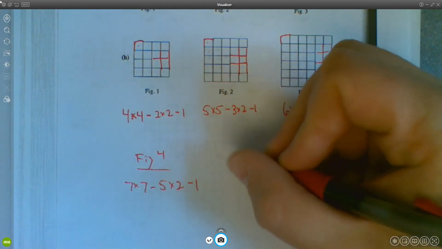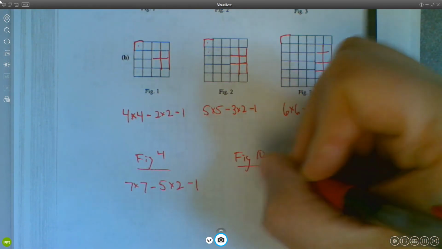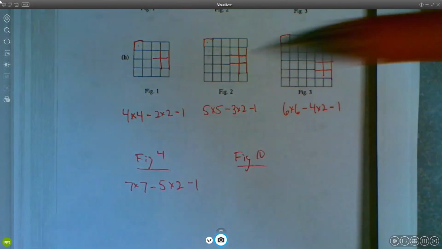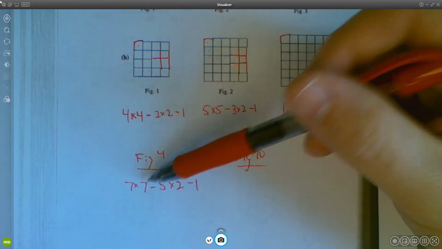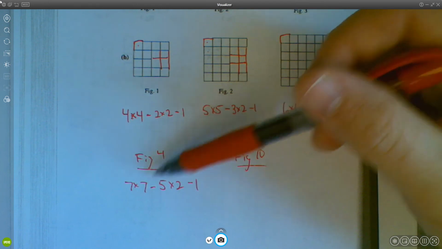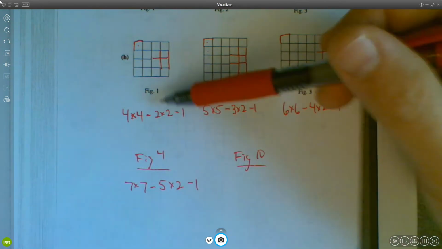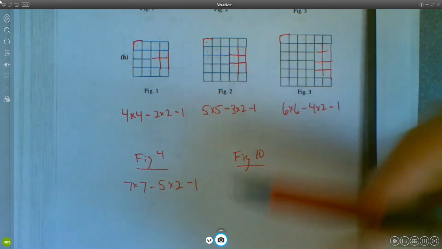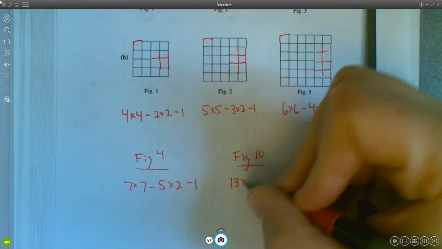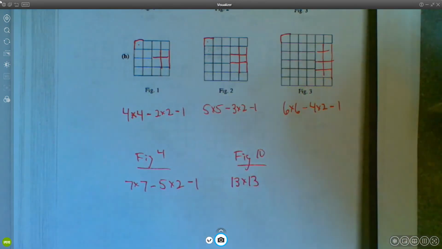So going up to figure 10, it seems like this number is the figure number plus 3, right? 4 plus 3 is 7, 3 plus 3 is 6, 2 plus 3 is 5, 1 plus 3 is 4. 10 plus 3 is 13. So for figure 10, I would have a 13 by 13, but it would be missing a little piece. Now what's it missing?